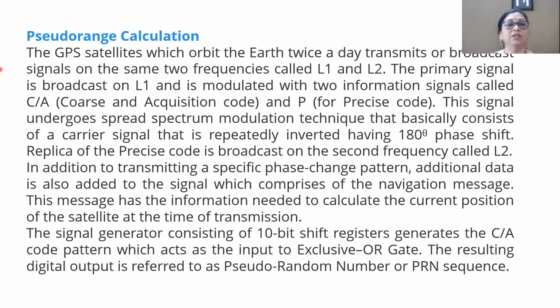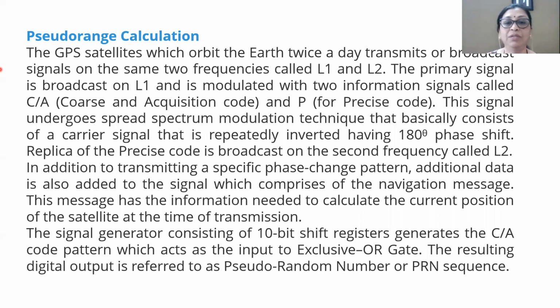Once the location is found out, pseudo range calculation is done. This pseudo range calculation is done on two frequencies. One is called L1 and another is called L2. The primary signal to be broadcast is broadcast on frequency L1, and this is modulated with two types of information signal.